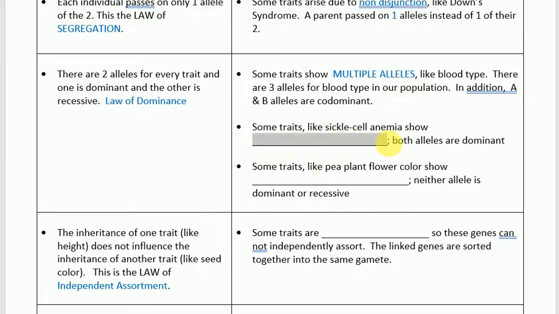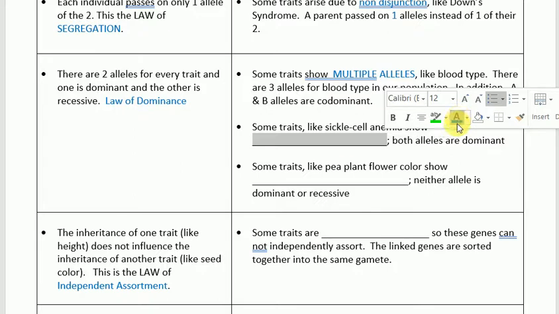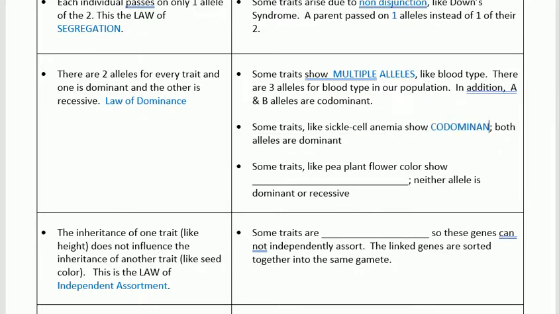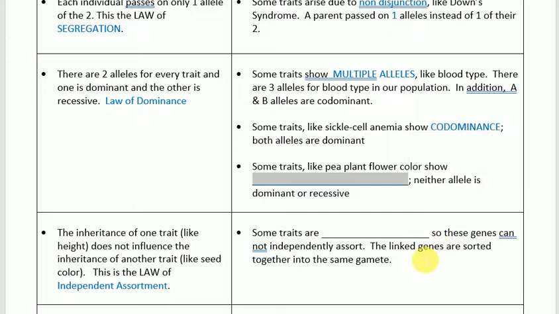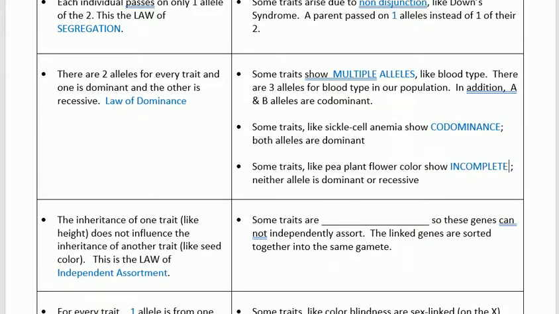Some traits, like sickle cell anemia, show codominance, and some traits, like the pea plant flower color, can show incomplete dominance, where neither allele is going to be dominant or recessive.